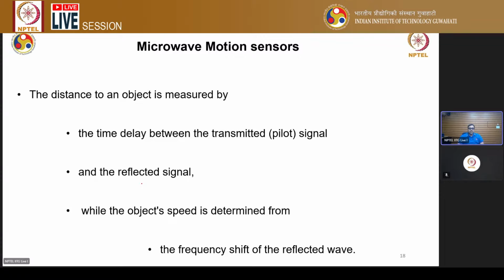The distance to an object is measured by the time delay between the transmitted and reflected signal, while the object's speed is determined from the frequency shift of the reflected wave. When you talk about this frequency shift, you are using the Doppler effect. So when you utilize it for speed measurement of the object, which is the essential use of the microwave motion sensor, you are utilizing the Doppler effect.